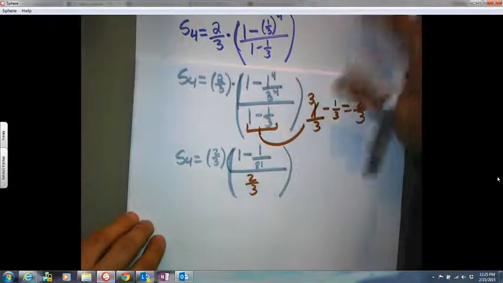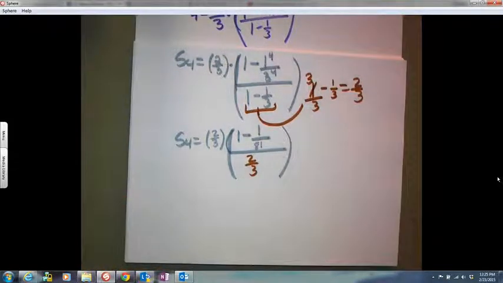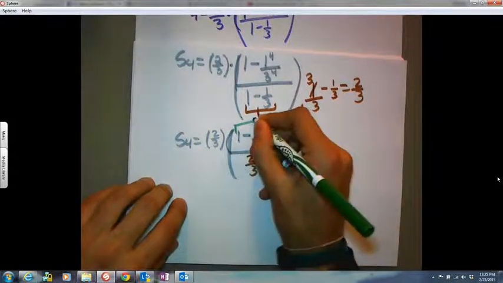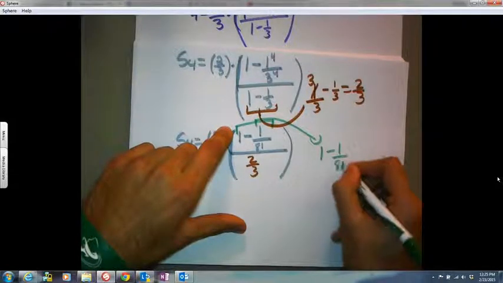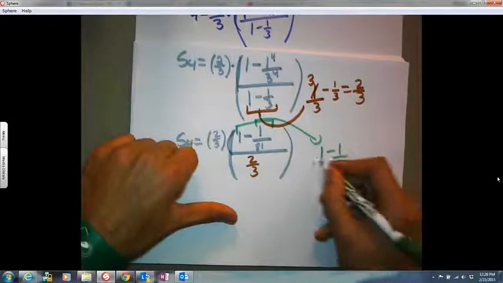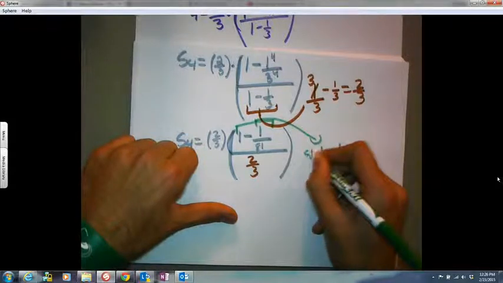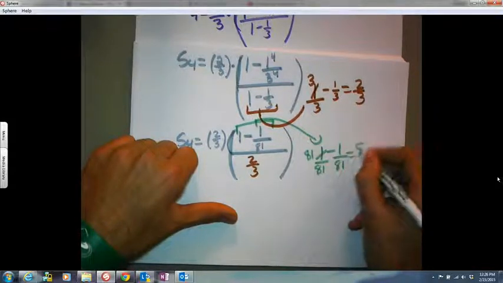Well, now let's simplify the numerator. 1 minus 1 over 81. Again, get a common denominator. So there's the upstairs.